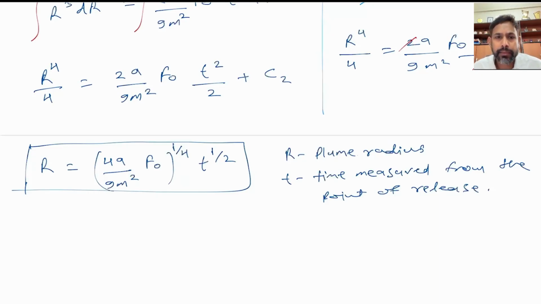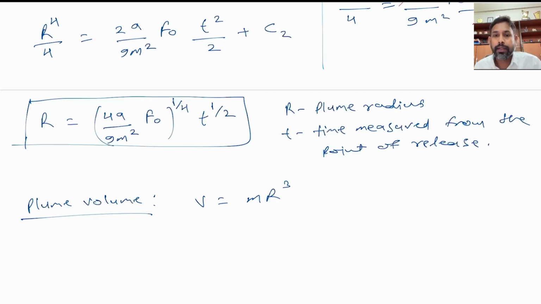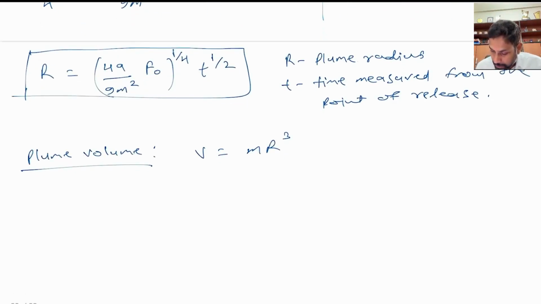And now, having derived a relationship between radius and time, one by one we can also get formulas for other parameters. So let's do it for plume volume first. Right, and this one is something we have defined as m r cube, right? That is what we did in the last lecture.